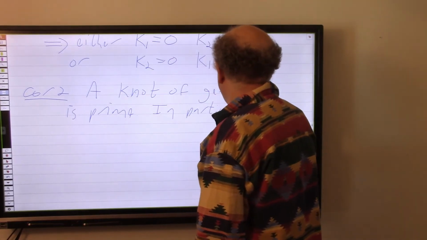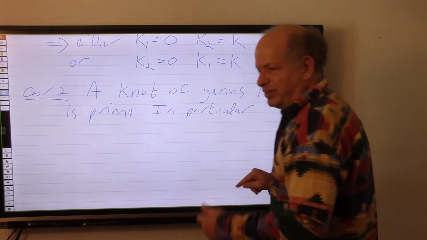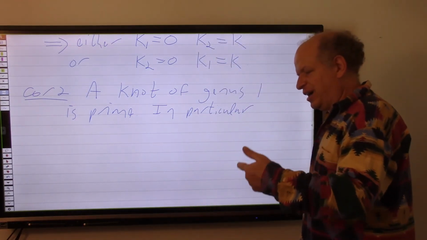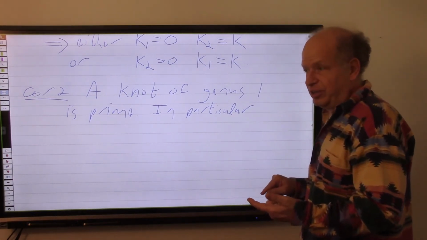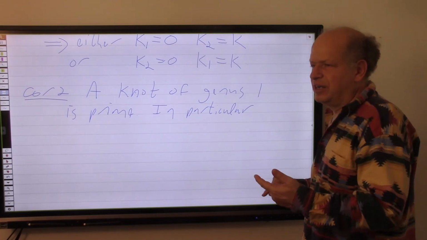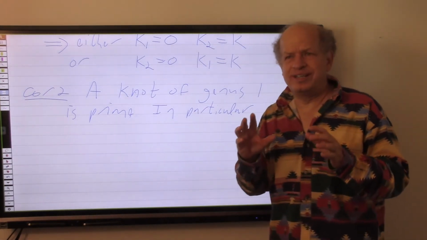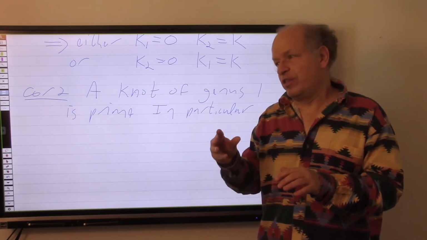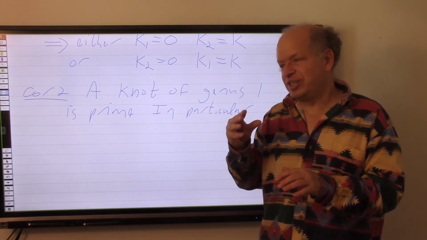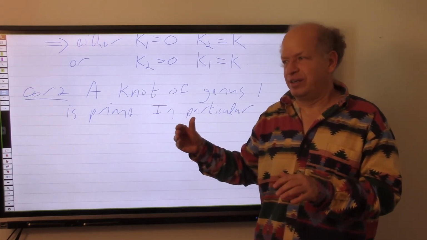Since we have already shown that the trefoil knot has a Seifert surface of genus 1, that only shows that its genus is less than or equal to 1.